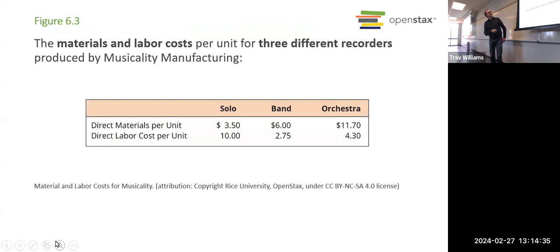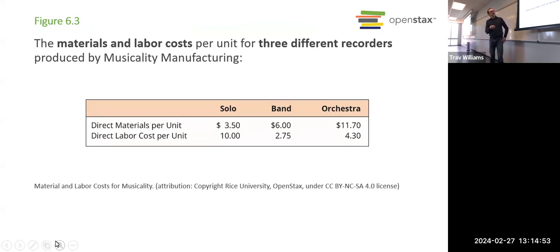All right. There's an example we're going to go through here. It's a company that makes recorders, meaning the musical instrument. You know, it's like a kind of like a flute that you play this way, right? And they've got 3 different levels.